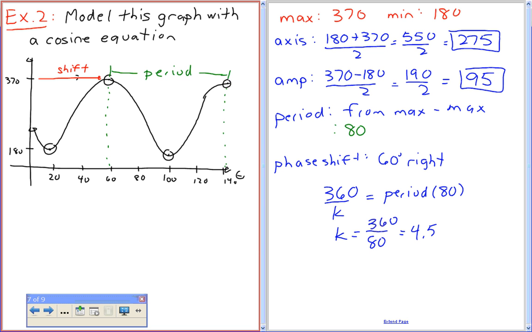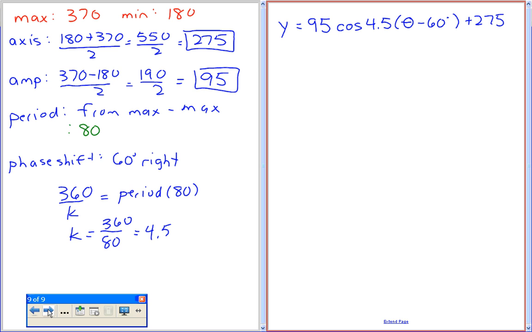On the K, yeah. What is K? Good question. Remember, if we were to do a question like sine 3 theta, what's that going to affect? Our period is going to be 360 over 3, which happens to be 120.